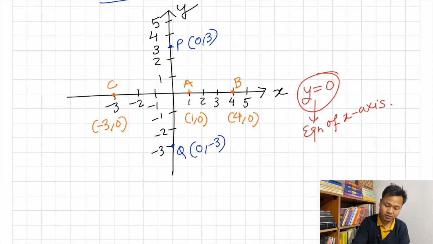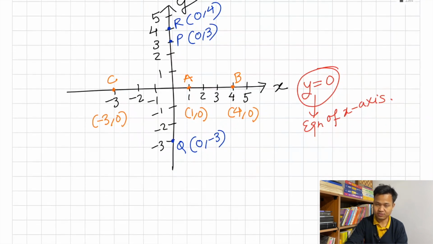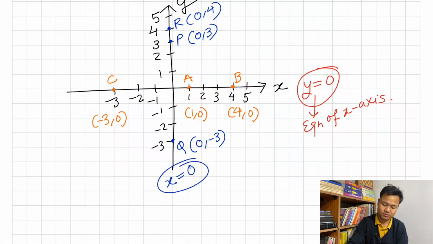Let's take one more, point R, which is 0, 4. In all of these 3 points, the common thing is the x value is 0. Any point on the y-axis will always have x value 0. Therefore, the equation of y-axis is x equals 0.